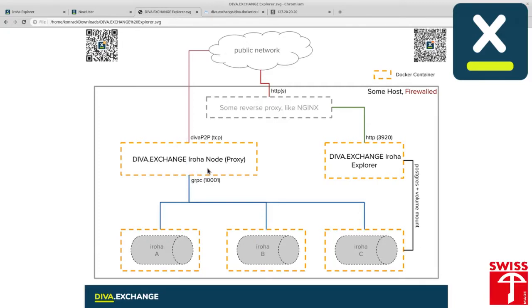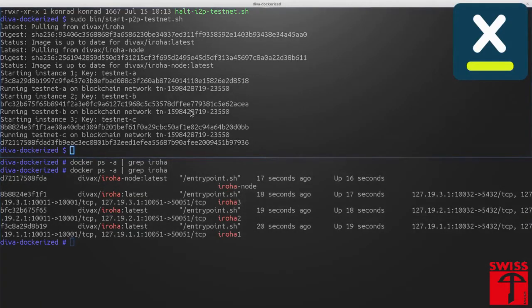Now we also need to start the Explorer, the blockchain Explorer itself, and this is also very simple. Sudo bin/start-iroha-explorer. Please take a look at those shell scripts.